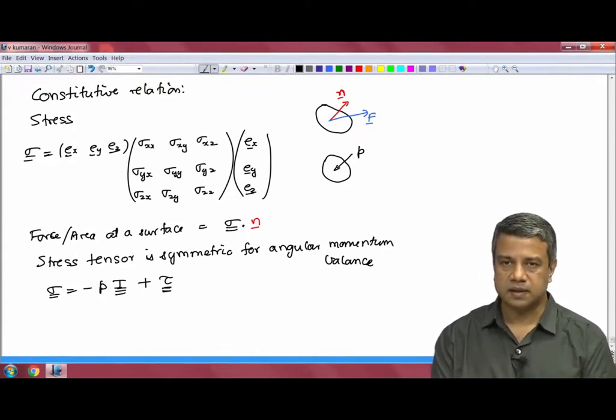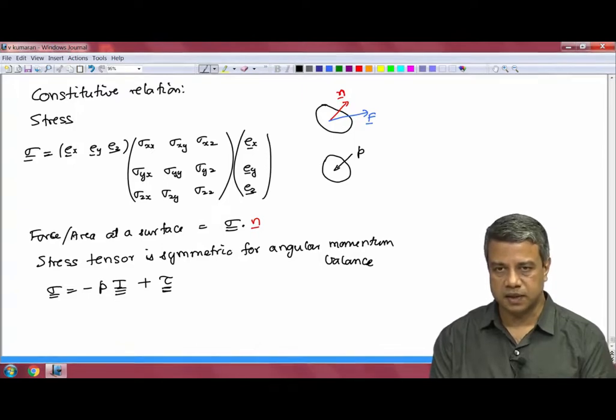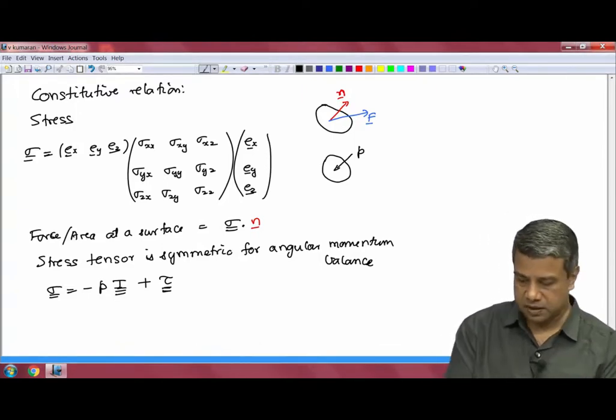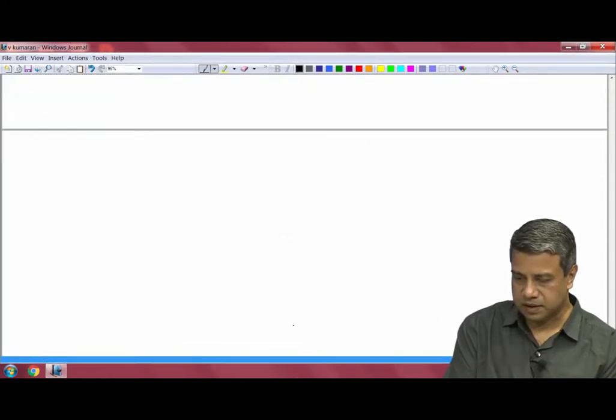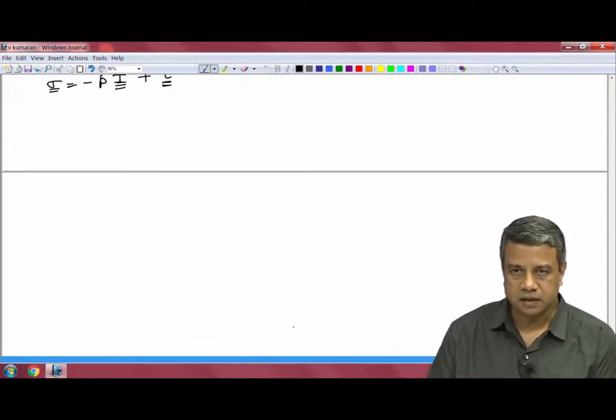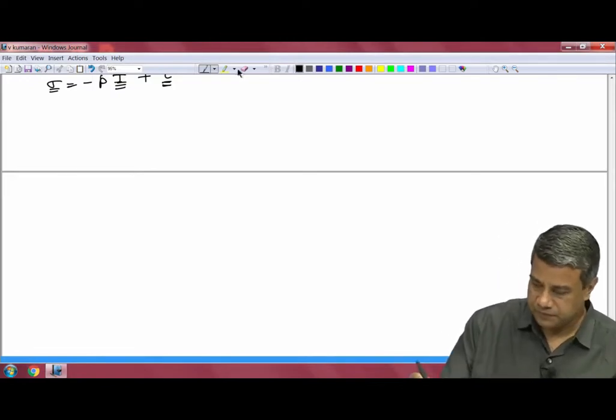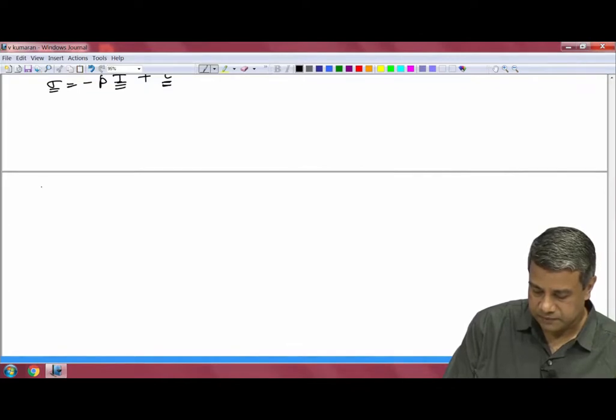An antisymmetric part would not satisfy balance of angular momentum. So, that is the first part. The stress consists of an isotropic and a symmetric part.